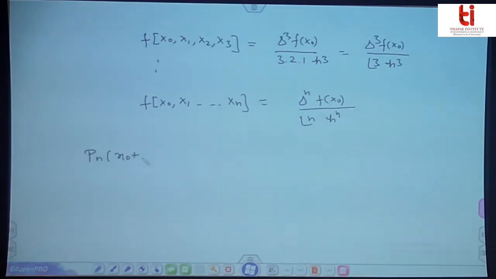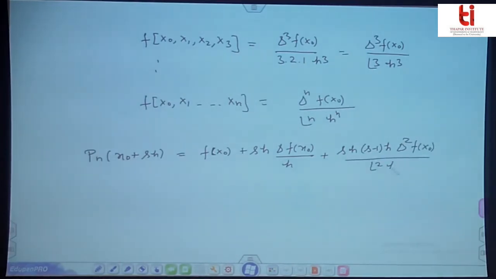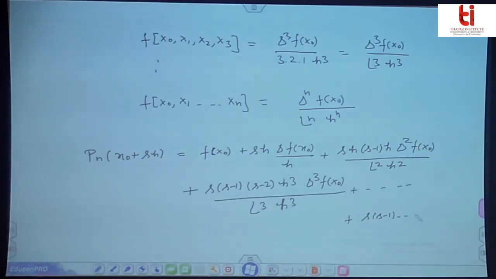Okay, what the formula is coming out to? P of x0 plus sh equal to f of x0 plus s h Δf(x0) upon h plus s(s minus 1) h square Δ square f(x0) upon factorial 2 h square plus s(s minus 1)(s minus 2) h cube Δ cube f(x0) upon factorial 3 h raised to power 3 and so on, plus s(s minus 1)...(s minus n plus 1) h raised to power n Δ n f(x0) upon factorial n h raised to power n.